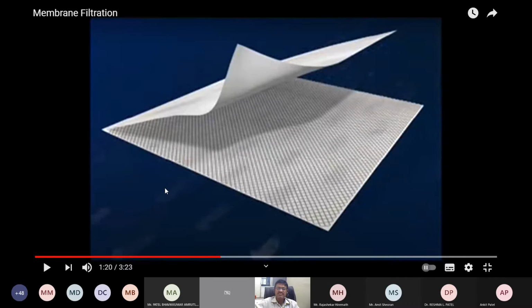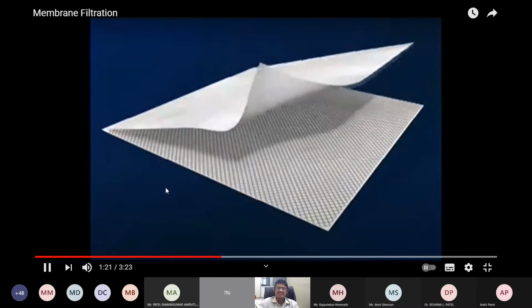So these feed spacers are provided between the membranes.